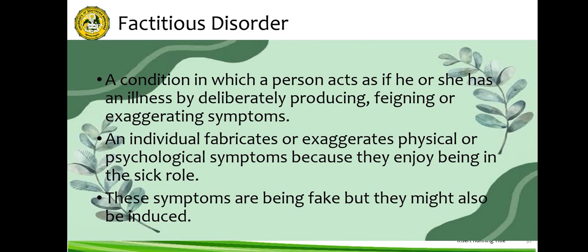Whereas both malingering and factitious disorder involve deception, inventing or exaggerating symptoms, the motivations are different. Unlike those with malingering, ang mga tao na may factitious disorder do not deceive others for material gain or to avoid negative events, but to seek attention from other people. Ganon yun siya.